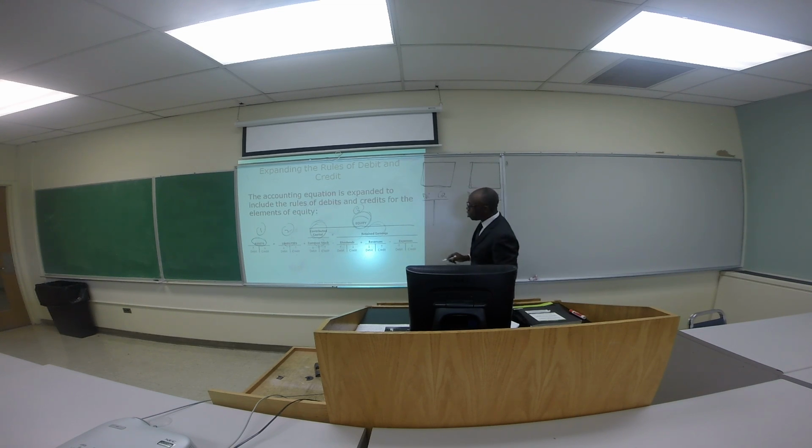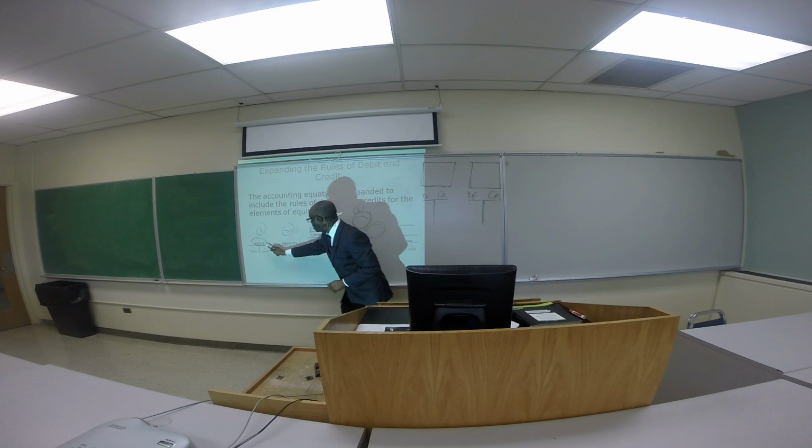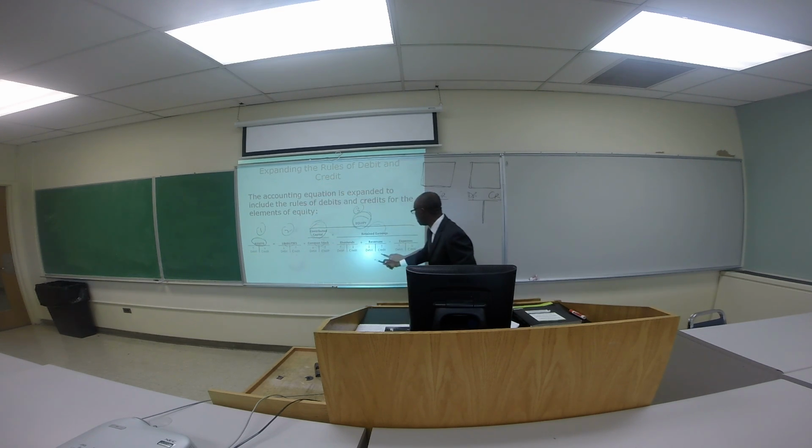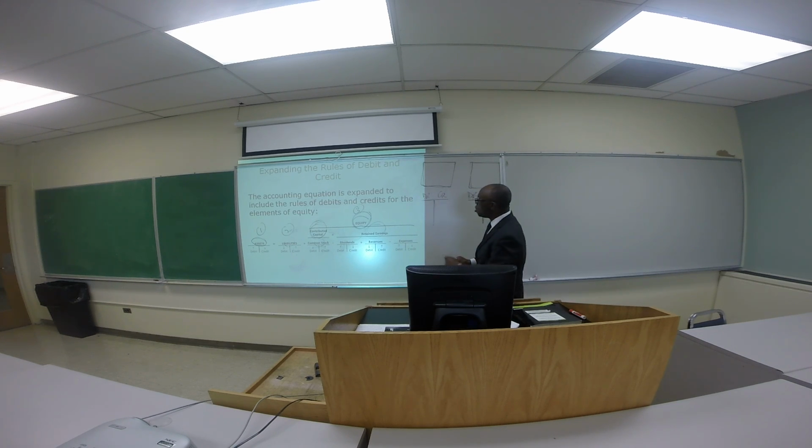Look at what is going to happen here. How many types of accounts do we have? Assets, liability, common stock, dividend, revenue, expenses. We are going to line up these six items into these two boxes.